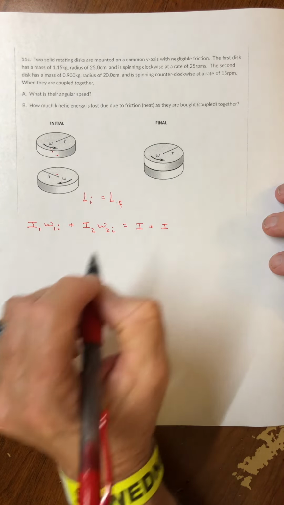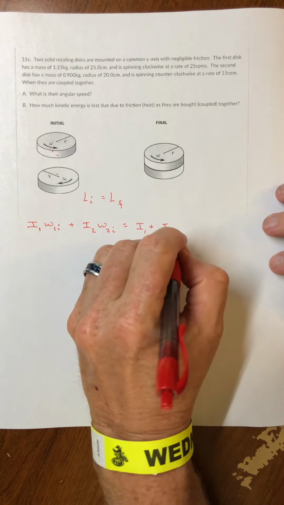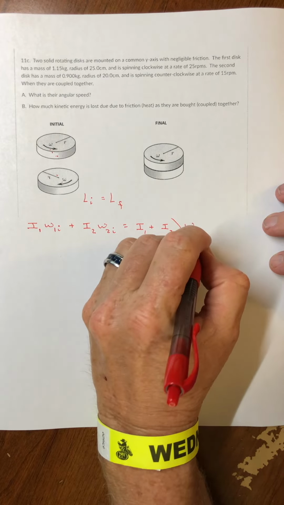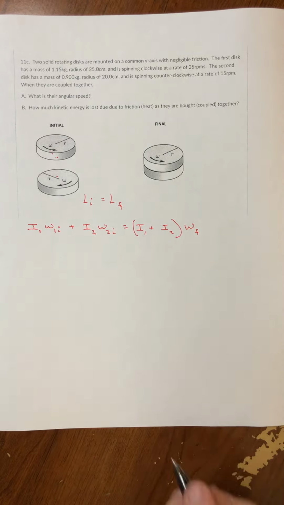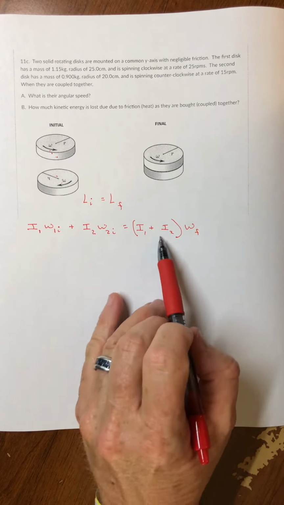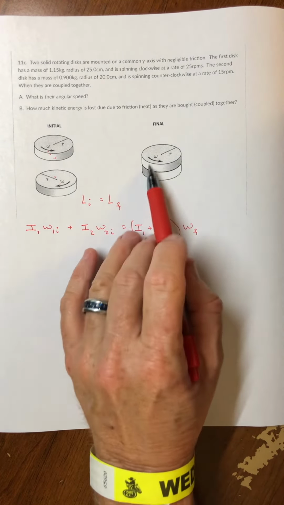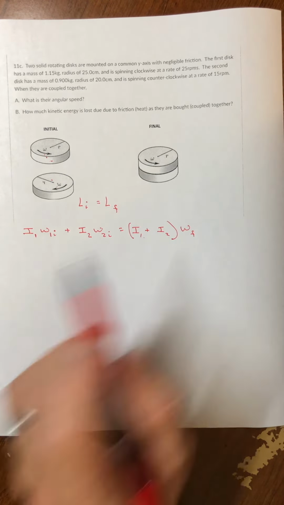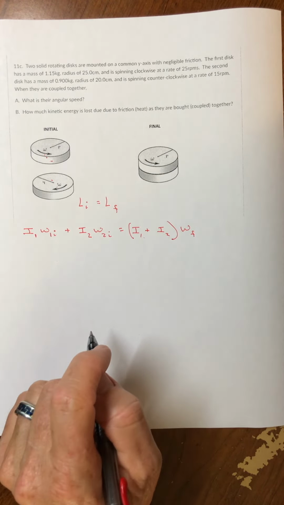But as I said, we might as well think of it as one object with one final speed. So I'm going to say the I, after they're brought together, is just the two added here.